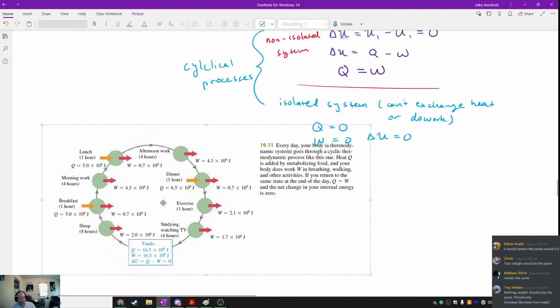So that tells you that if you want to actually lose weight, you're going to have to do more work than what they're describing here. Although I will say that if you exercise for 1 hour a day and you eat moderate amounts of food, you will absolutely lose weight if you're trying to, until you get down to a balance. But okay, so that's an example of a cyclical process, right? Because delta U is equal to 0. The amount of heat that came into your system was equal to the amount of work that was done to your system, so it's a net 0 change, and that's an example of a cyclical process.